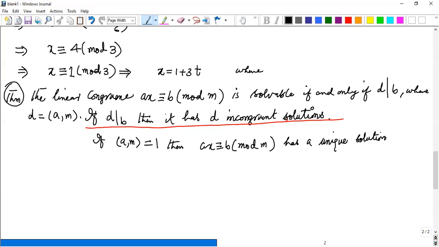And this condition is valid if and only if.